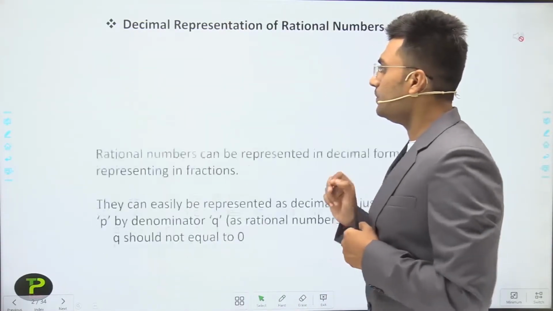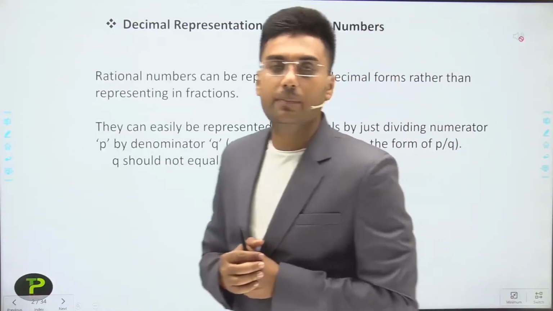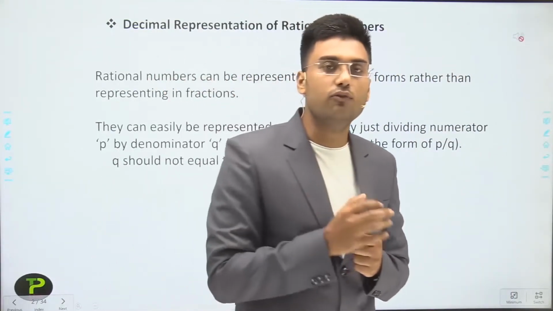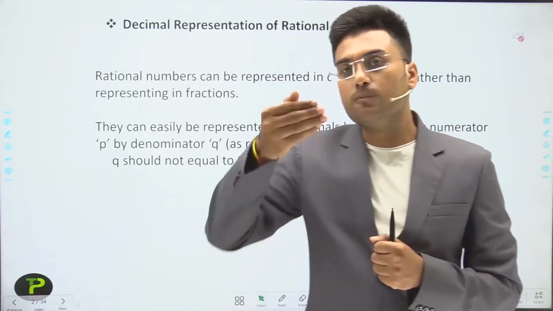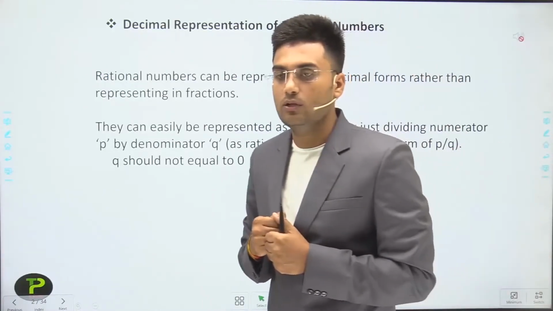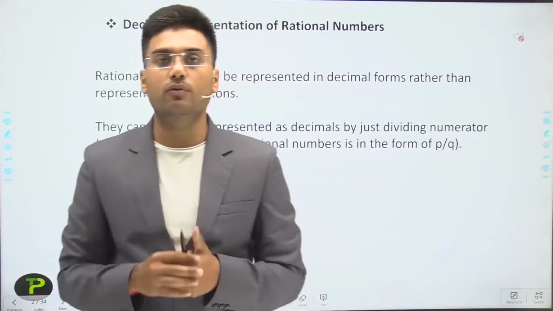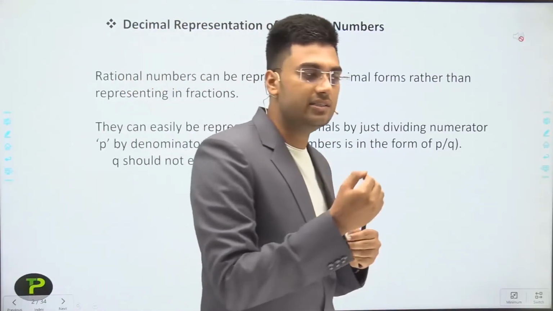So a rational number can be represented in decimal form rather than the fractional form, because p by q is a fractional form. How can we represent it in decimal form?